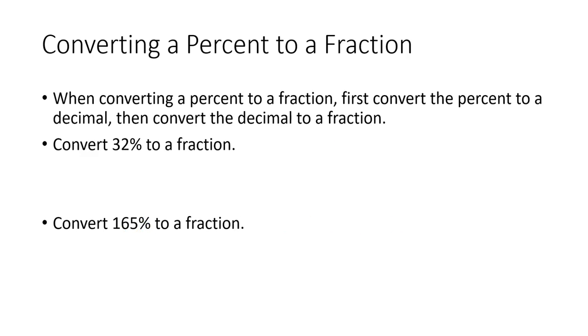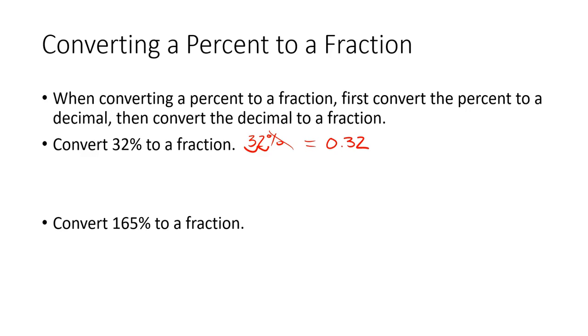Finally, when we want to convert a percent to a fraction, we first want to convert that percent to a decimal and then convert the decimal to a fraction. So 32%, to change that to a decimal, we're just going to move the decimal point 2 places to the left, drop the percent sign. This is the same thing as 0.32.